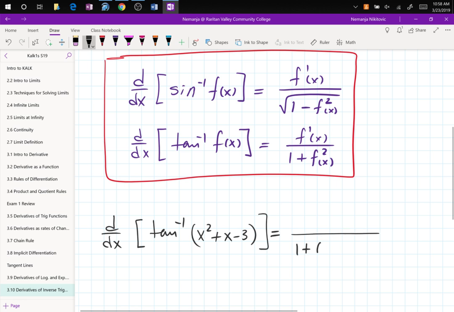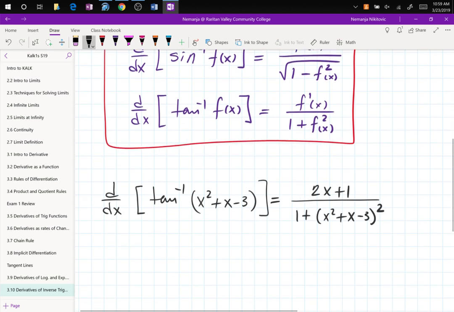It's 1 plus x squared plus x minus 3 squared, because in the denominator you have 1 plus the original function squared, and then you have your 2x plus 1 as a derivative in the numerator, and you walk away. That's it. That's all it is.